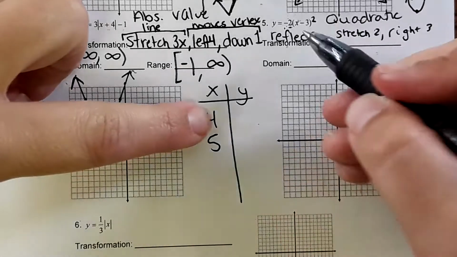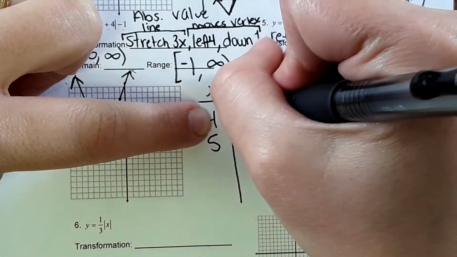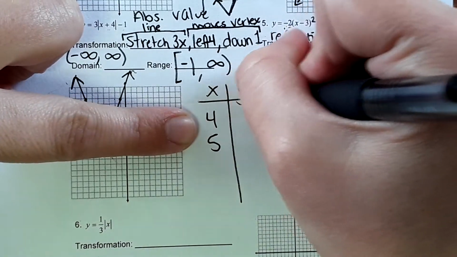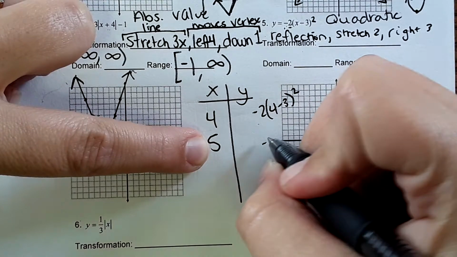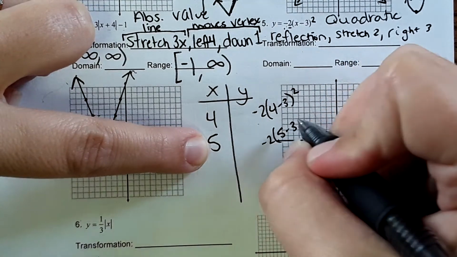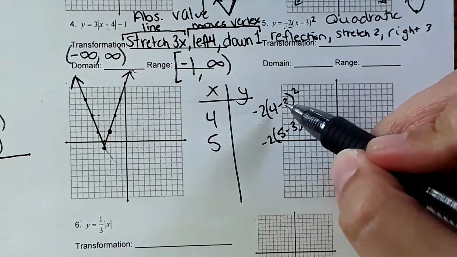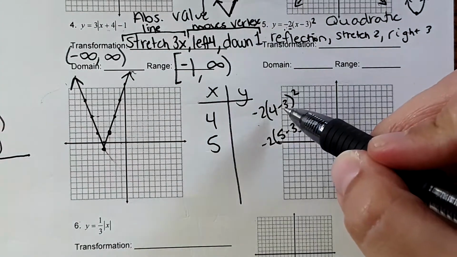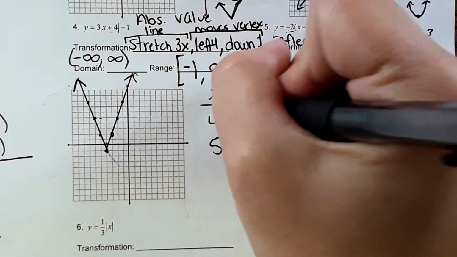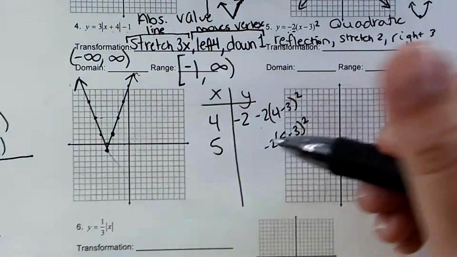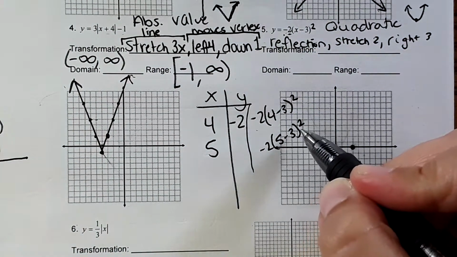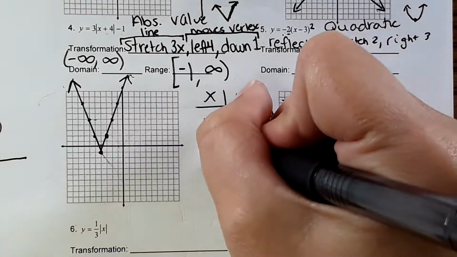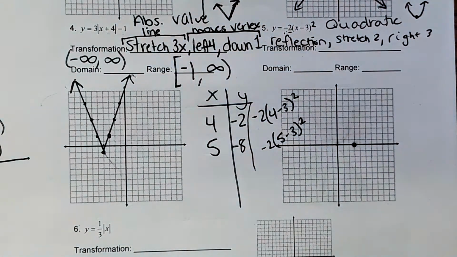So then plugging this into the equation, 4 minus 3 squared would be 1. 1 squared would be 1. 1 times negative 2 would be negative 2. So your output's negative 2 for that. And then for 5, 2 squared, 4. 4 times negative 2, negative 8. And I'm going to plot these points.